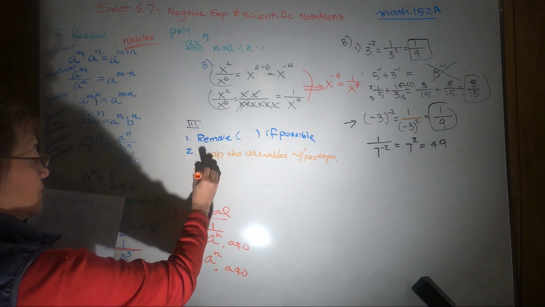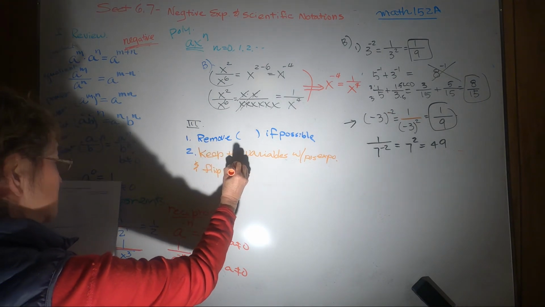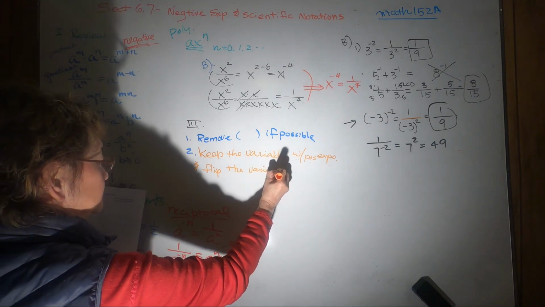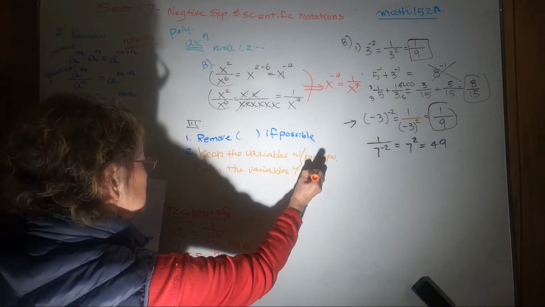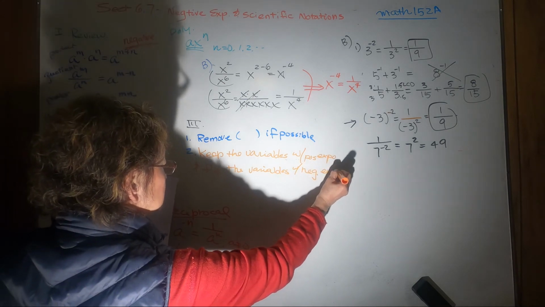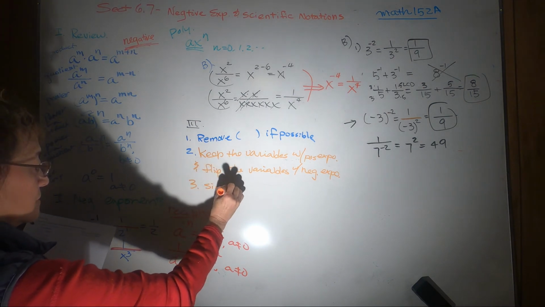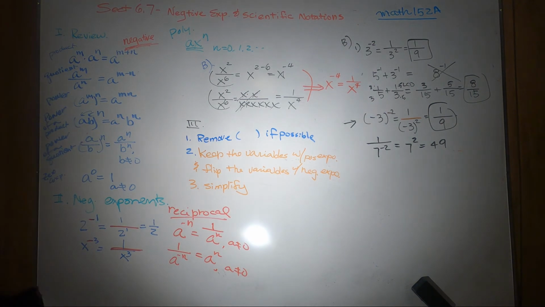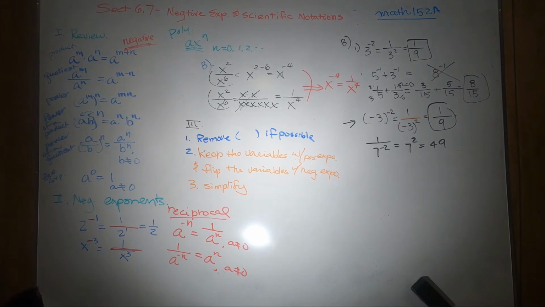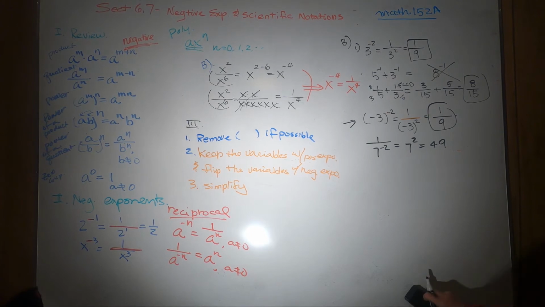And we will flip those variables with negative exponents, right? Then we simplify. Consolidate them, not too many x's everywhere, not too many y's everywhere, right? We just write a single variable with its own power. So write the simplest form that way, okay?